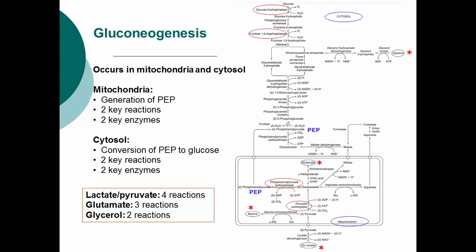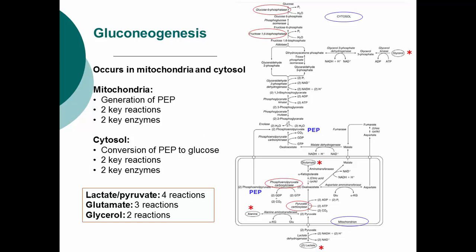Okay, so this is a little bit more complicated, but kind of an overview of the gluconeogenic pathway. Again, the gluconeogenic pathway occurs in both the mitochondria and the cytosol, right?